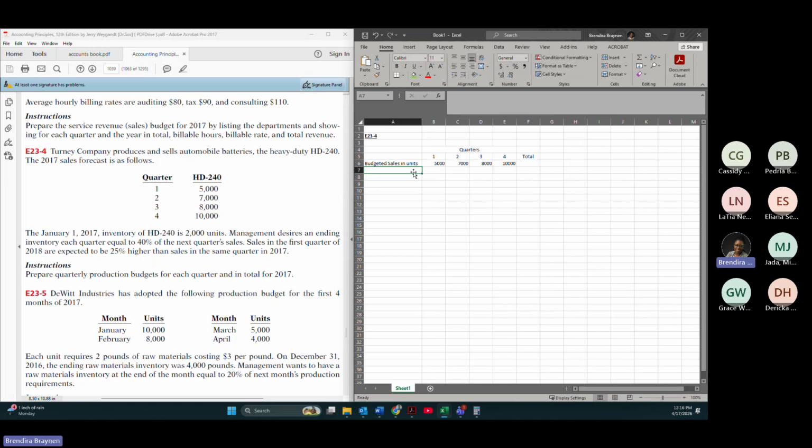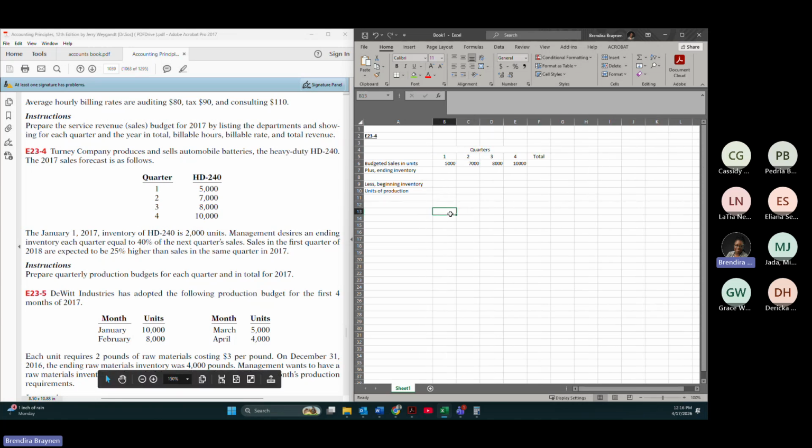Like I said, from the sales in units, we normally have to plus ending inventory, and you could leave a space. I won't penalize you if you don't have anything there. Then we less beginning inventory, and that usually gives us units of production. So the amount of units that they need to produce in order to do what they're trying to do.